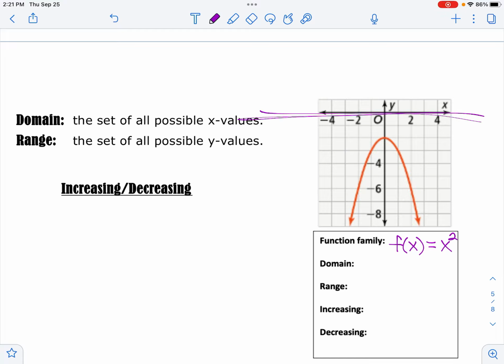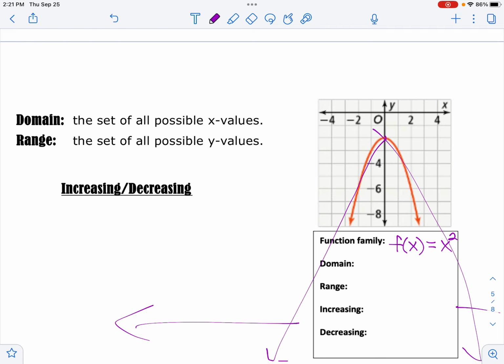Remember, x is side to side. So now this parabola just keeps getting wider and wider and wider, and it goes all the way. So my domain is anything from negative infinity all the way up to positive infinity.